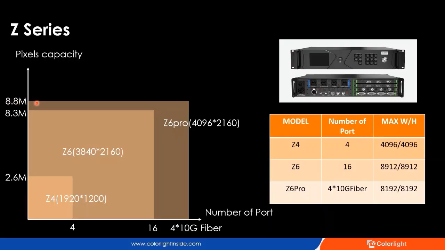So the maximum loading capacity is 8.8 million pixels. For more details about the Z series or X series, you can follow us on YouTube, Colorlight Technology, and watch the previous videos. So today we don't show too much detail on this topic.